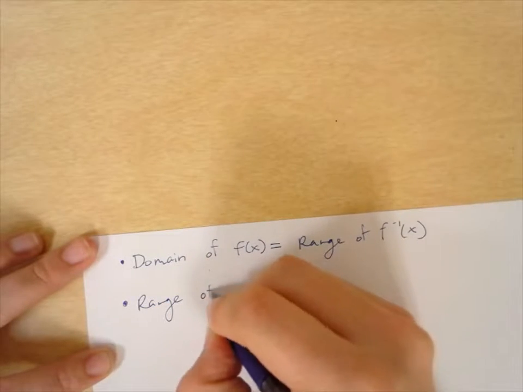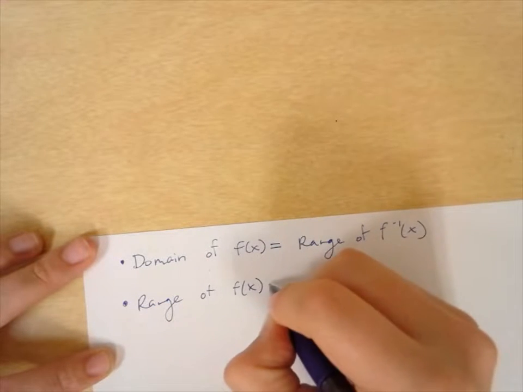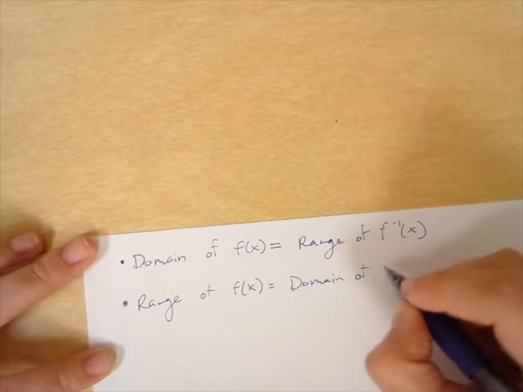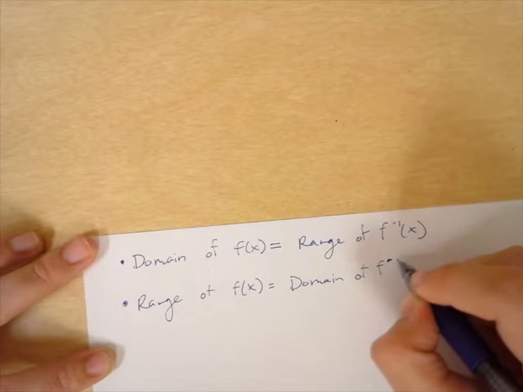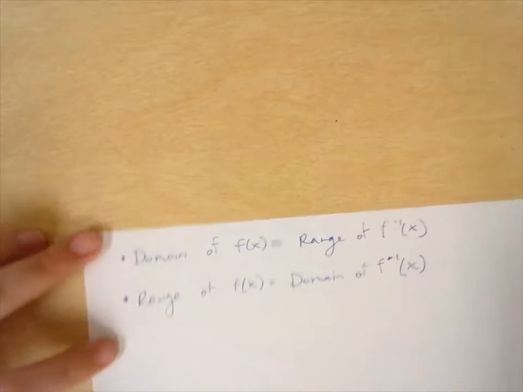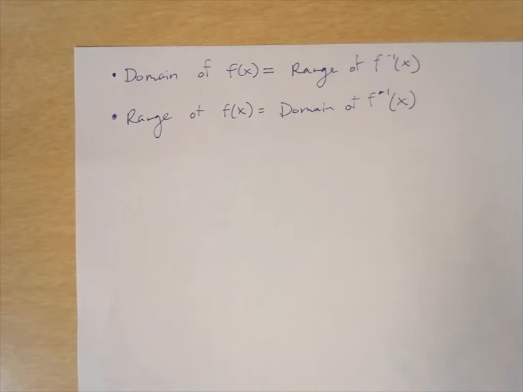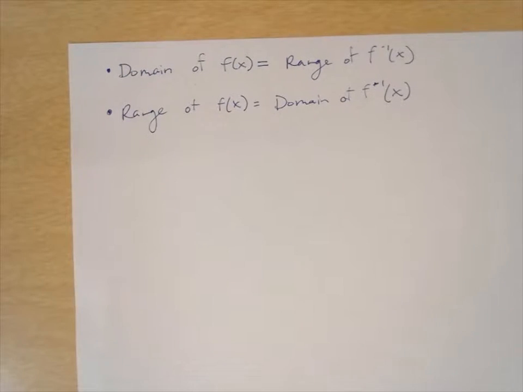The range of f of x is equal to the domain of its inverse, f to the negative 1 of x. So all of their x values, all of their y values switch. That's what defines an inverse.